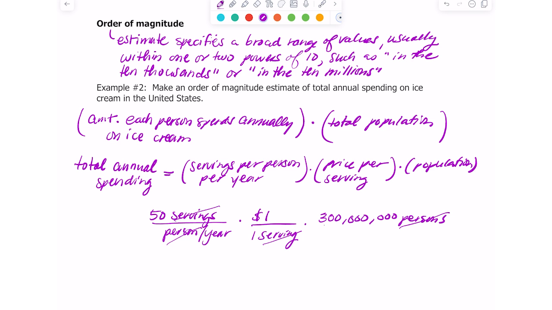Okay. So all I need to do now is multiply 50 times 1 times 300 million, which, by the way, you can express 300 million in scientific notation if you wanted. It would be 3 times 10 to the 8th power, because here's your decimal, and we're going to move it 1, 2, 3, 4, 5, 6, 7, 8 places to the left.